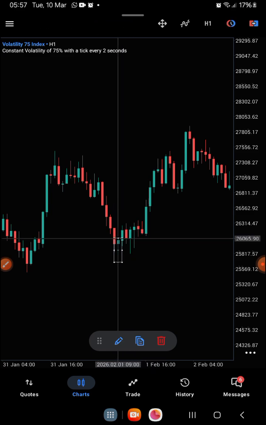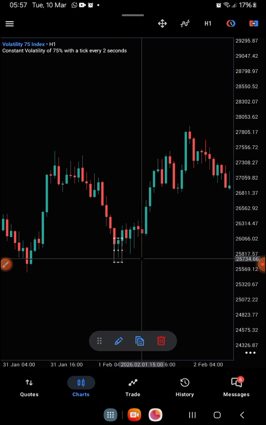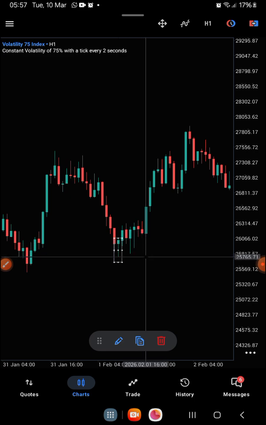Then you set your stop loss somewhere here, either at the low of this hammer. Remember that the wick, as we said, shows the lowest point, or just slightly below, so that you don't get stopped out only for it to reverse going up.